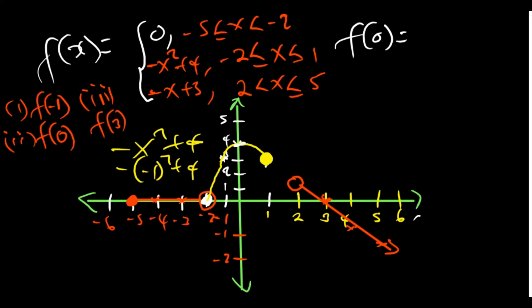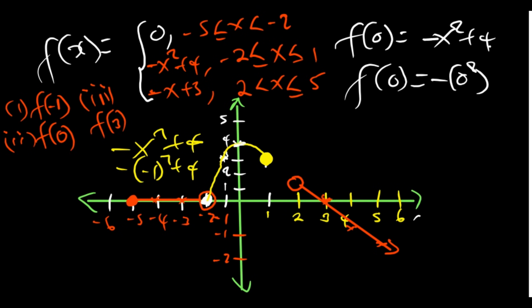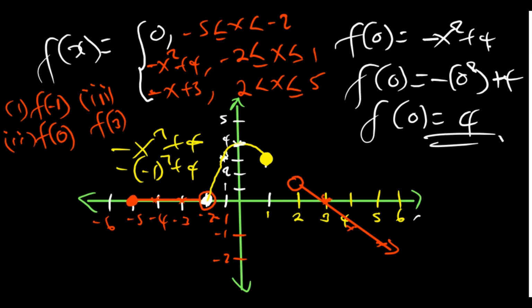The second one is saying from negative 2 all the way to positive 1, meaning that 0 is in that range. So we're going to get that one again. So it's going to be negative x squared plus 4. So f of 0 is going to be 0 squared plus 4. So our answer is going to be 0 plus 4 is going to give us a 4. So that will be the answer for f of 0.